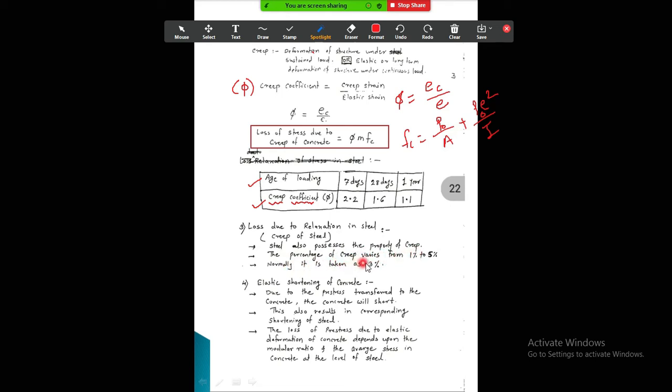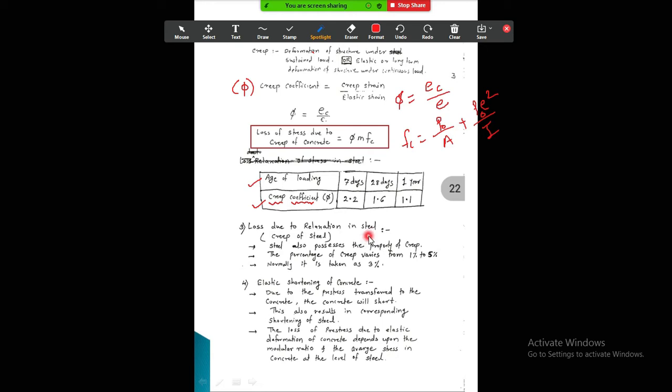The percentage of creep varies from 1% to 5%, and normally it is taken as 3%. So the loss due to relaxation of steel is taken as 3%. While solving the problem, we will see how to calculate this loss.